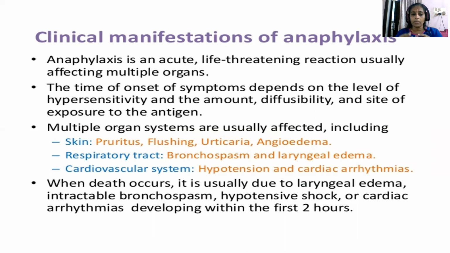So sometimes death occurs due to laryngeal edema, intractable bronchospasm, and hypotensive shock or cardiac arrhythmias developing within 2 to 4 hours. So death is due to laryngeal edema, cardiac symptoms, and bronchospasm, etc.